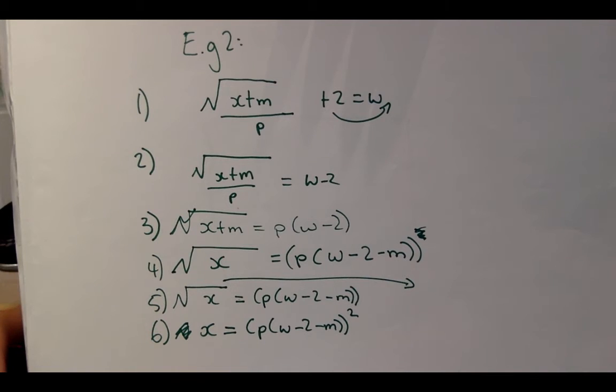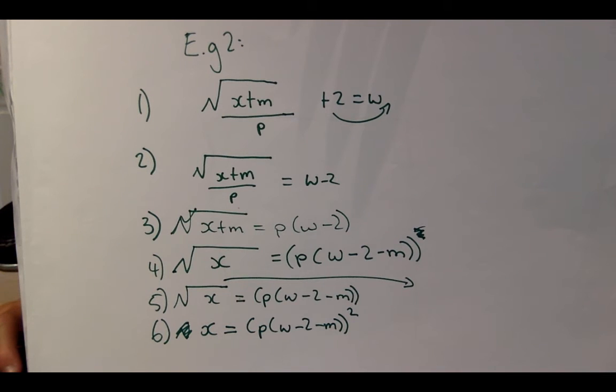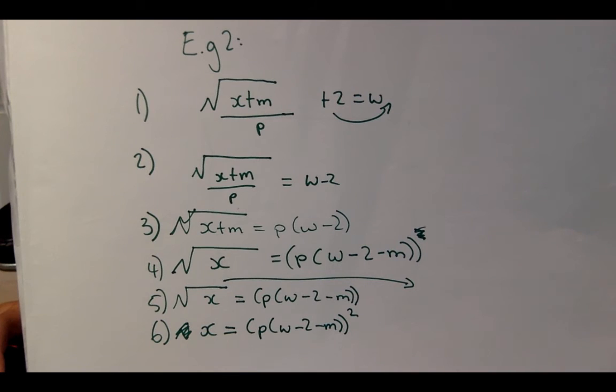Okay, so this question is easier. So the example is square root of x plus m, over p, plus 2 equals w. So you move the 2, so it's a plus, so you change it to minus because it's change side, change sign.